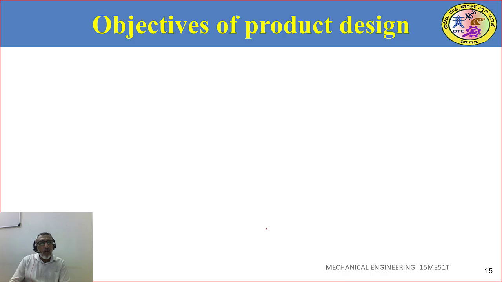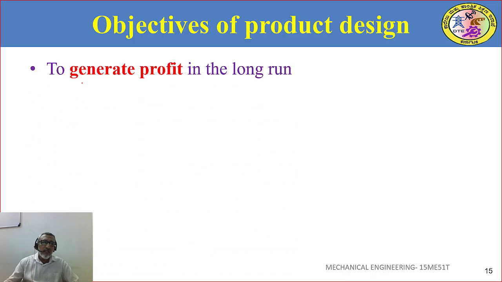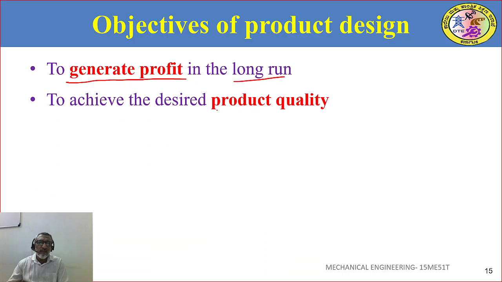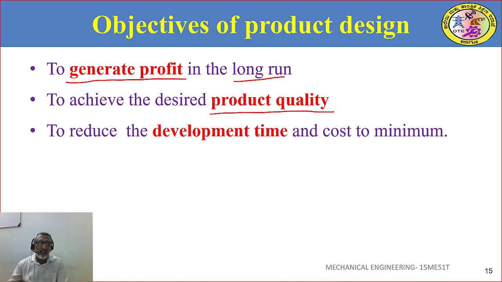Now, coming to the objectives of product design, by doing all that design, the company wants to generate profit in the long run. And by doing a very good product design, the company wants to achieve a high level of product quality.